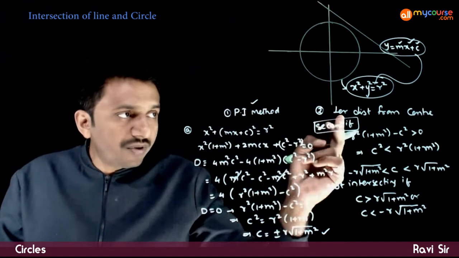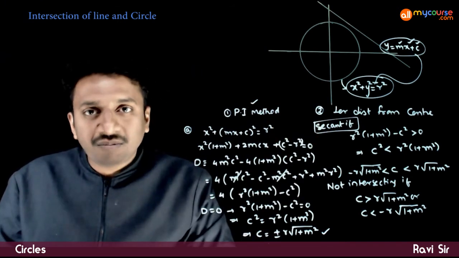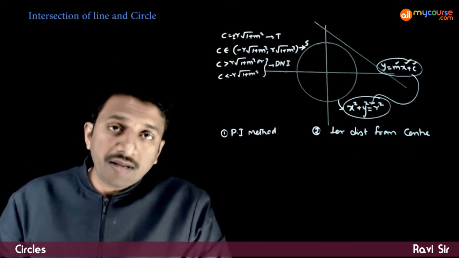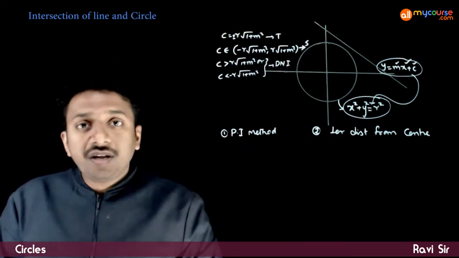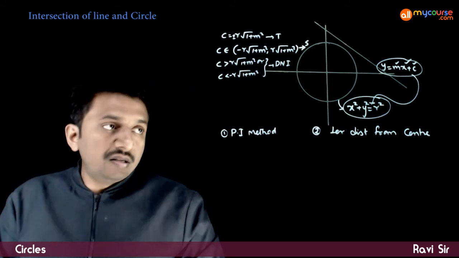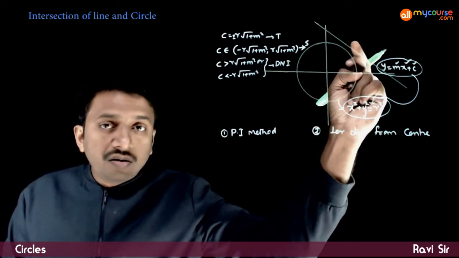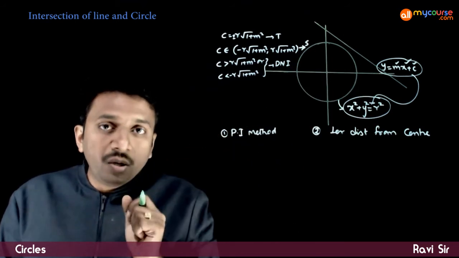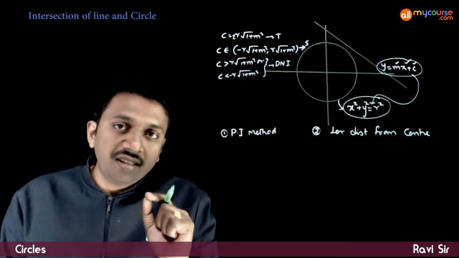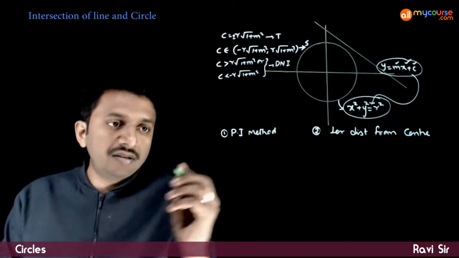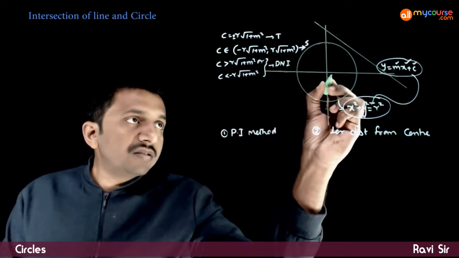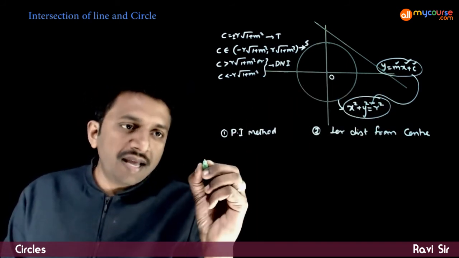Now let us go for the perpendicular distance from center method. If the perpendicular distance from the center onto this line is exactly equal to the radius, then the line will be a tangent. So what is the perpendicular distance from origin onto this line?